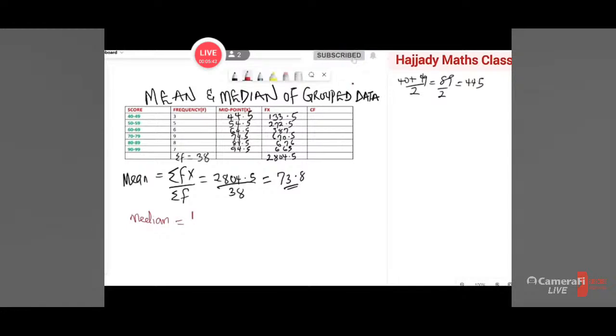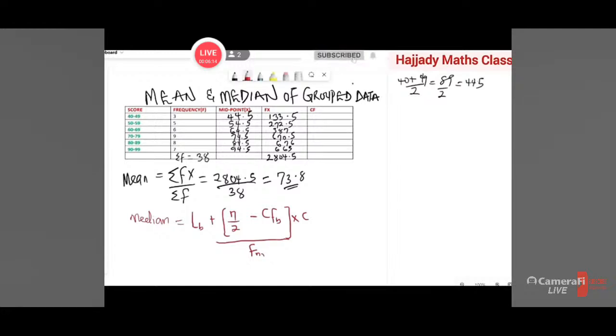So we are using L subscript B plus N over 2 minus cumulative frequency before the median class, times the class width, all over the frequency of the median class. Now, I'm going to explain the meaning of all this.